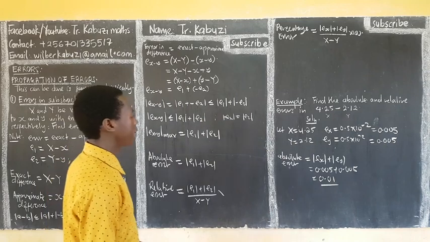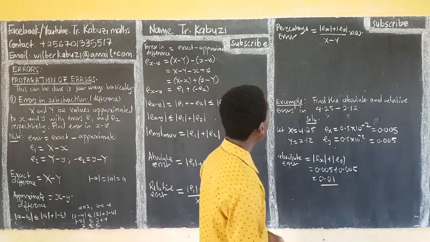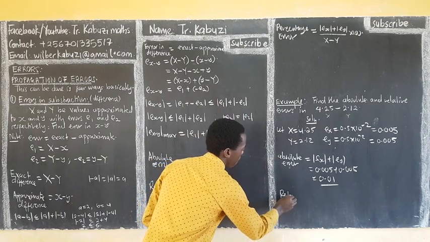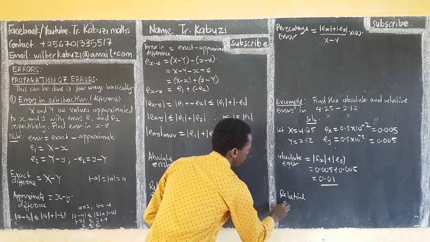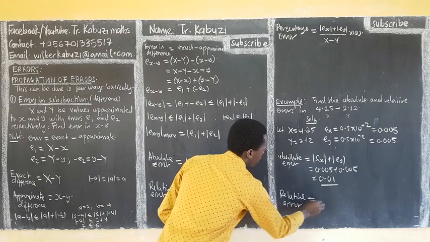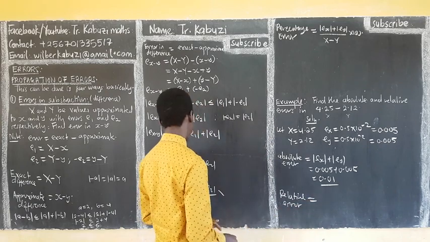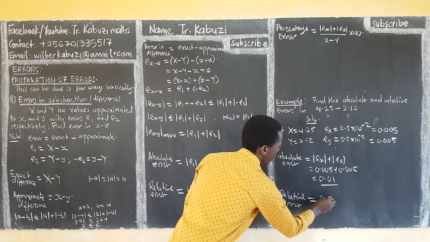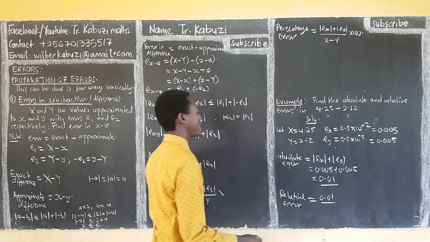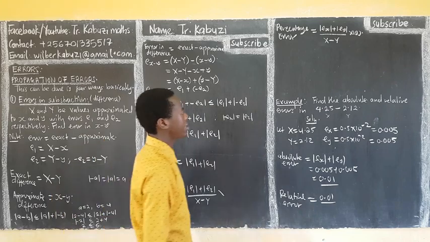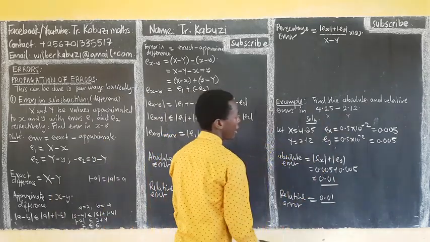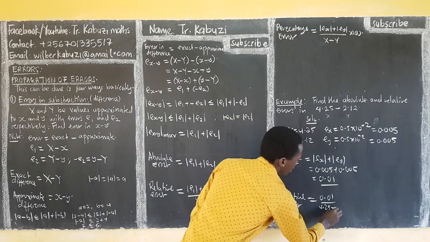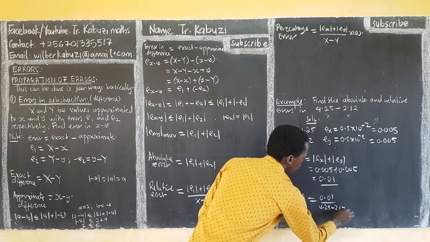Now what happens after getting that? They are asking for the relative error. The relative error will be the absolute error, 0.01, over the exact difference. What was our exact? We get this difference, which is 4.25 minus 2.12.